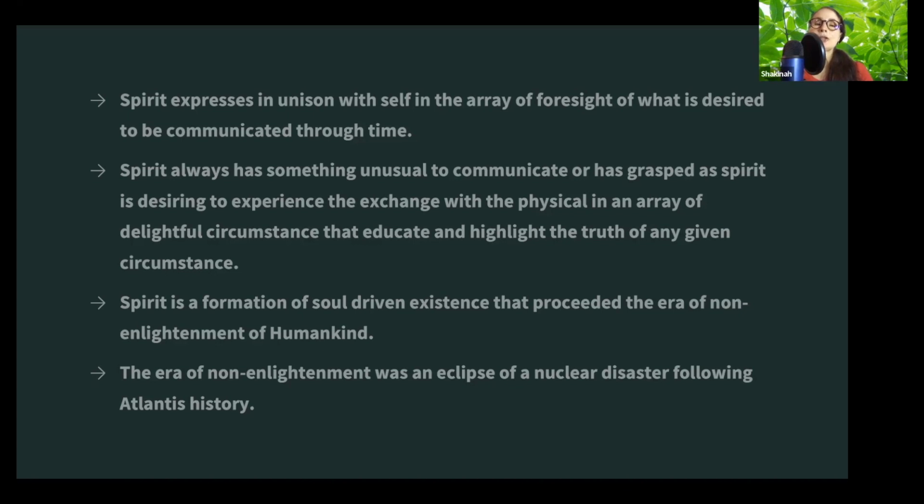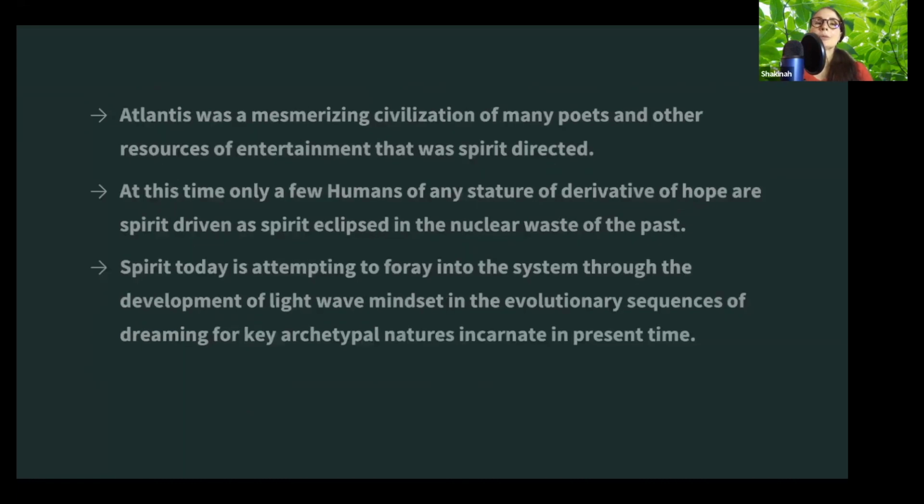Spirit is a formation of soul-driven existence that preceded the era of non-enlightenment of humankind. The era of non-enlightenment was an eclipse of a nuclear disaster following Atlantis history. Atlantis was a mesmerizing civilization of many poets and other resources of entertainment that was spirit-directed.